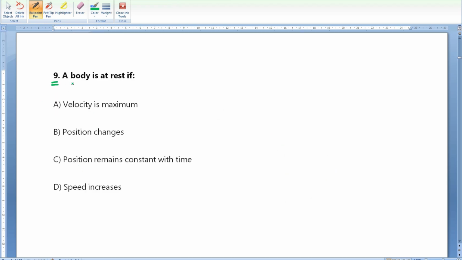Question number 9. A body is at rest if velocity is maximum, position changes, position remains constant with time, or speed increases. Which one is correct? If an object does not change its position with respect to time, it is said to be at rest.